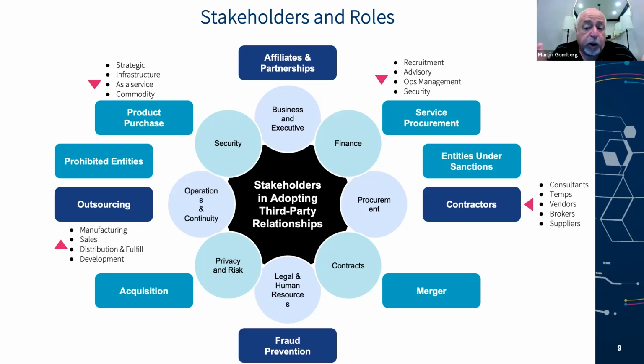They range from the procurement of products and services to vendor management, how we engage our consultants. All of this stuff is all part of this question of third-party risk management.